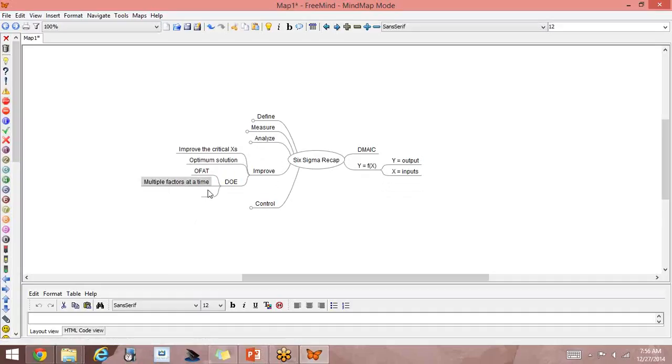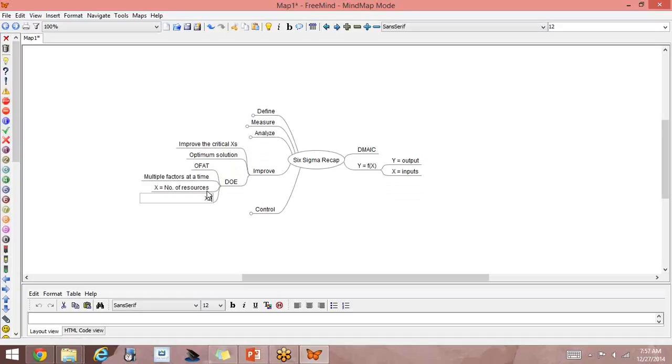So just for our understanding, assume that x1 was number of resources, human resources, and another input was number of hours that you work or number of days that the shop is open in a week. Suppose these are the only two inputs that are going to impact my output of making profits, assume.